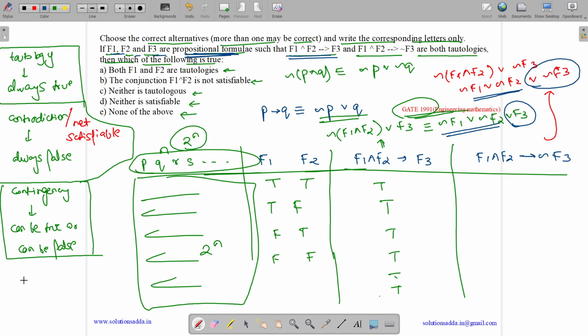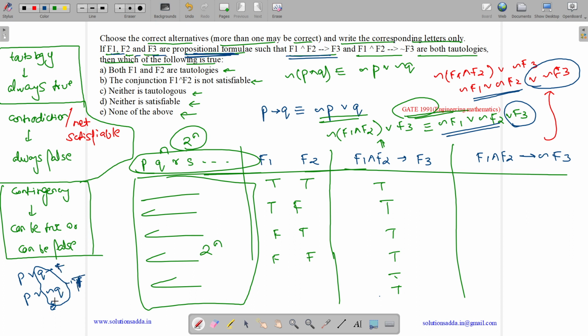So suppose we have terms like P or Q is true and P or negation of Q is true, then what does it mean? It means that Q can have any value. As here, if Q is true, then here it will be false, and if Q is false, then here it will be true.